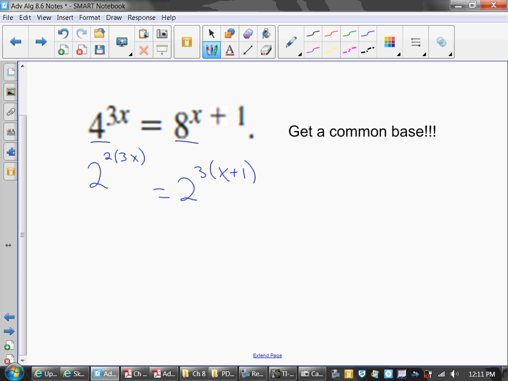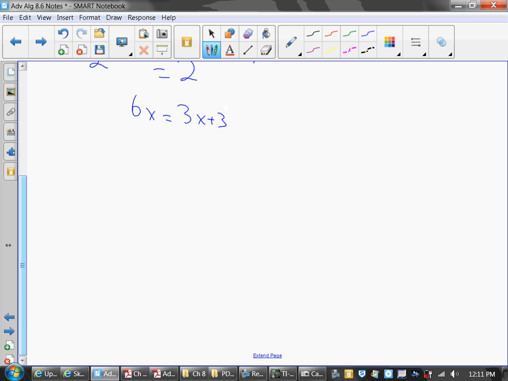Because once you create a common base, the exponents drop. So now you wind up with, well, what's 2 times 3x? It's 3x plus 3.